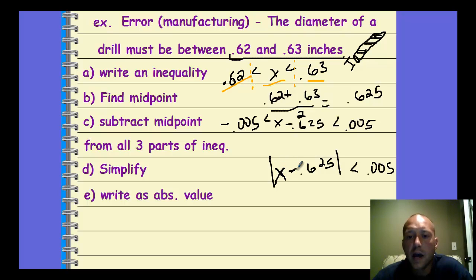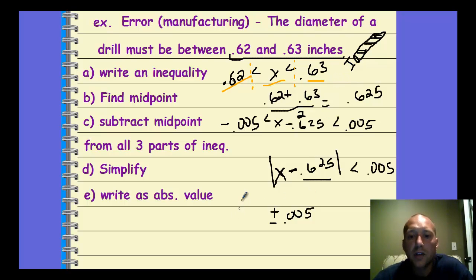If I subtract the 0.625, the midpoint, the amount off of what you hope it can be, can be less than 0.005. You can basically have an error of 0.005. It's also written a lot of times with a plus or minus 0.005. You can go 5 bigger and 5 smaller then. So you can say 5 thousandths larger or 5 thousandths smaller than what you meant it to be.